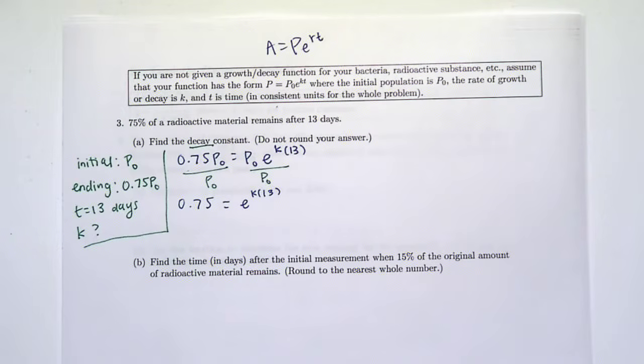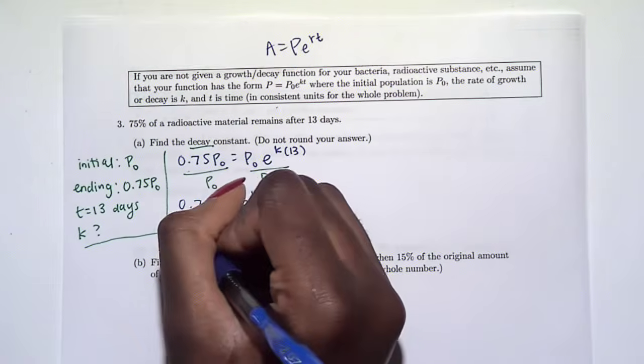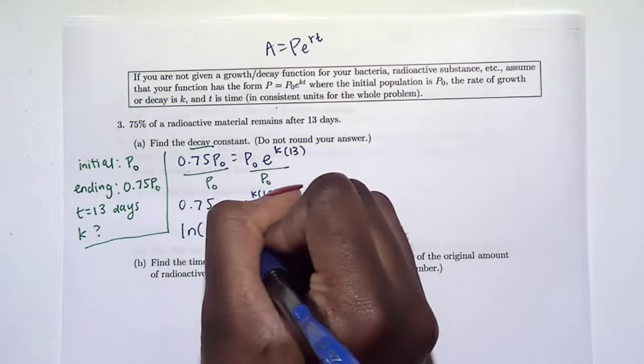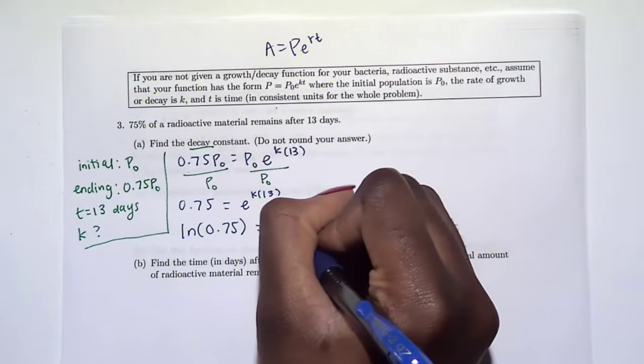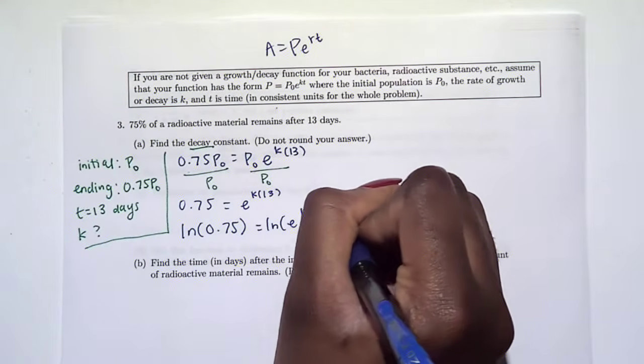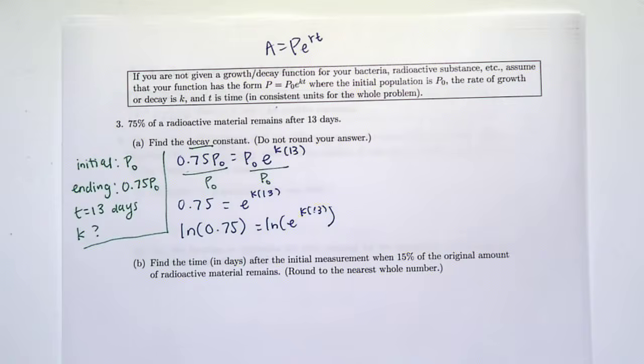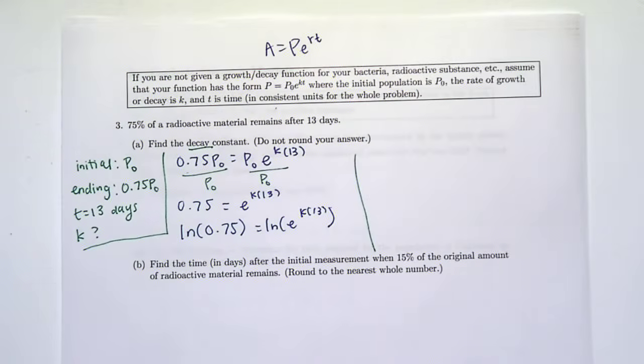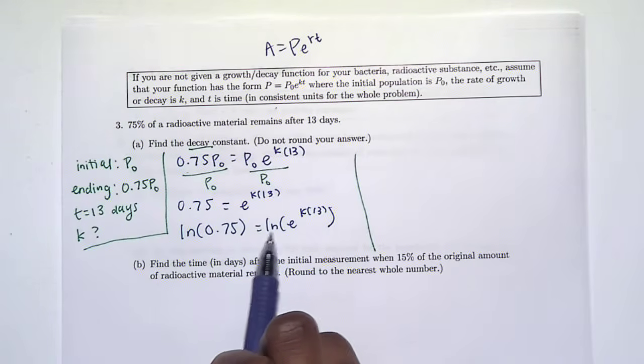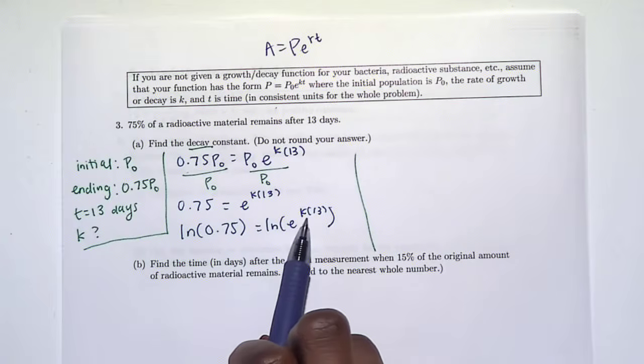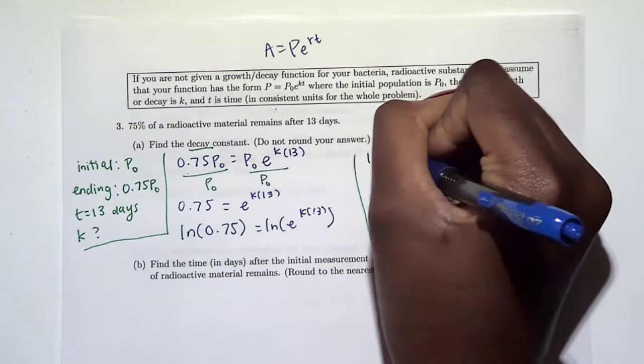All right, and so we know how to do this, right? We know how to solve for K. We can just take the natural log of both sides. e and natural log are inverse functions, so we're just going to be left with K times 13 over here.